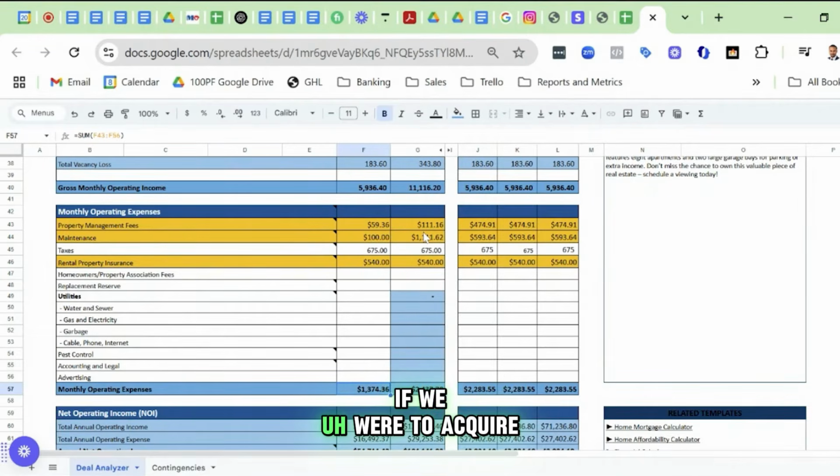However, if we were to acquire this property and add value, our expenses would increase. Why? Because property management companies typically get paid a percentage of income. Sometimes the taxes go up when the property is reassessed if you improve value, which is a good thing, right? So if we do the value add, our operating expenses for the month will increase to $2,437.